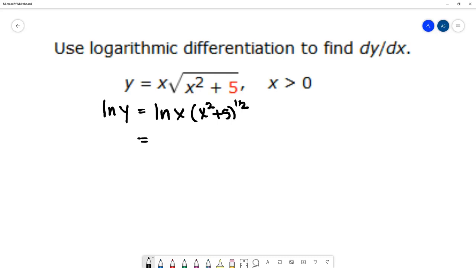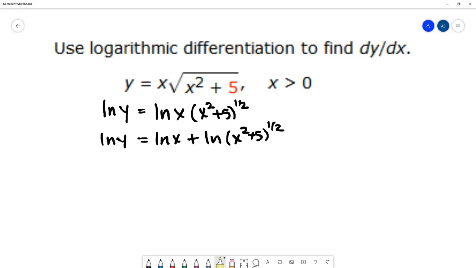On the right we have a product inside the log, x times x squared plus 5 to the 1/2. So I'm going to use the product rule for logarithms. That'll give me natural log of x plus natural log of x squared plus 5 to the 1/2 power.